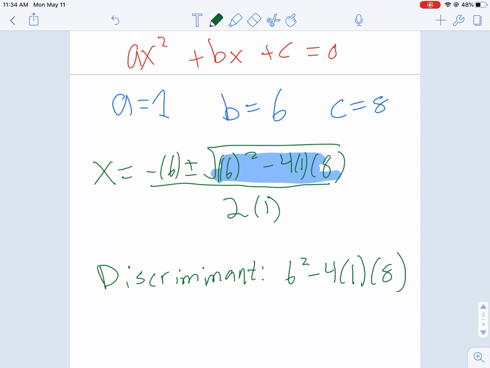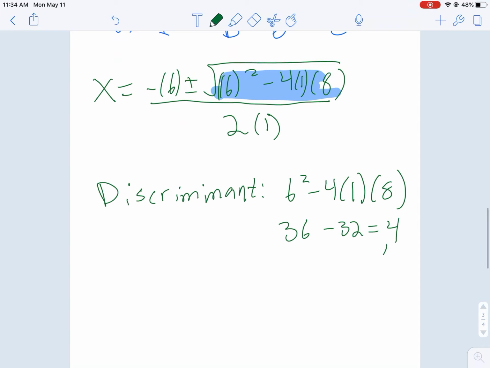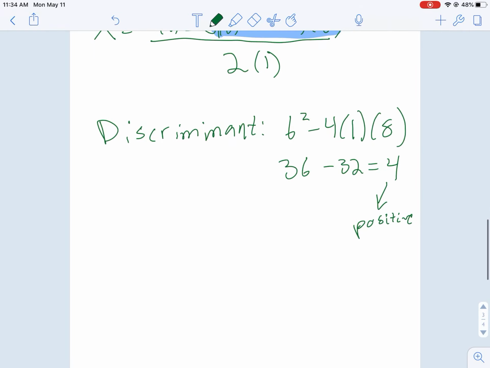This is going to be 36 minus 32, which equals 4. Because 4 is positive, how many roots are there? Good, there are 2 roots, or 2 intercepts.